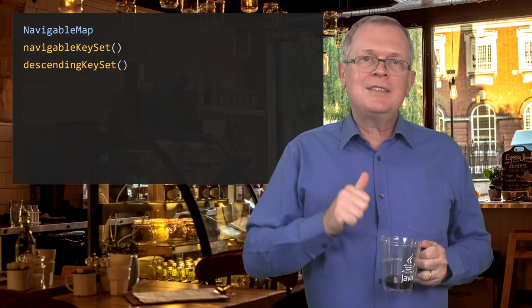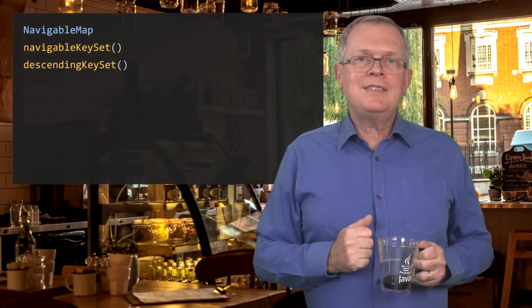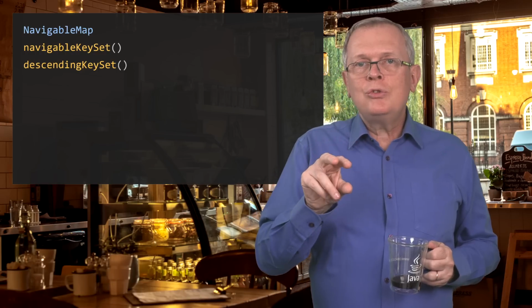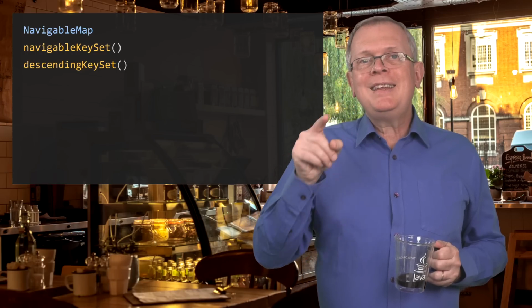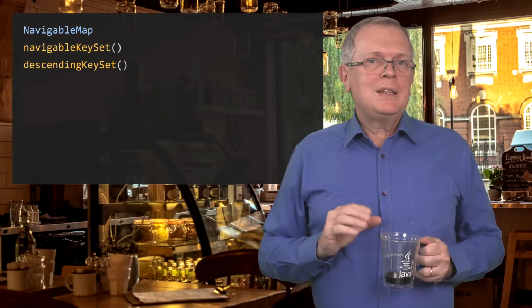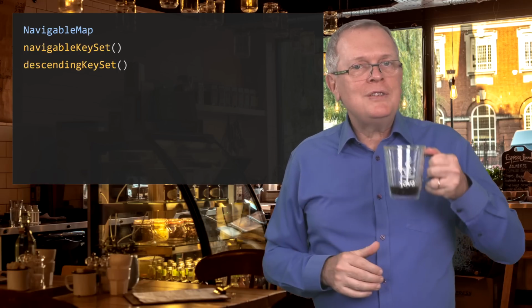And in the case of NavigableMap, you have two more methods, navigableKeySet and descendingKeySet, that both give you a navigable set, which are views on the keys of this map, in the ascending order or the descending order. You do not have any equivalent for entries, unfortunately.